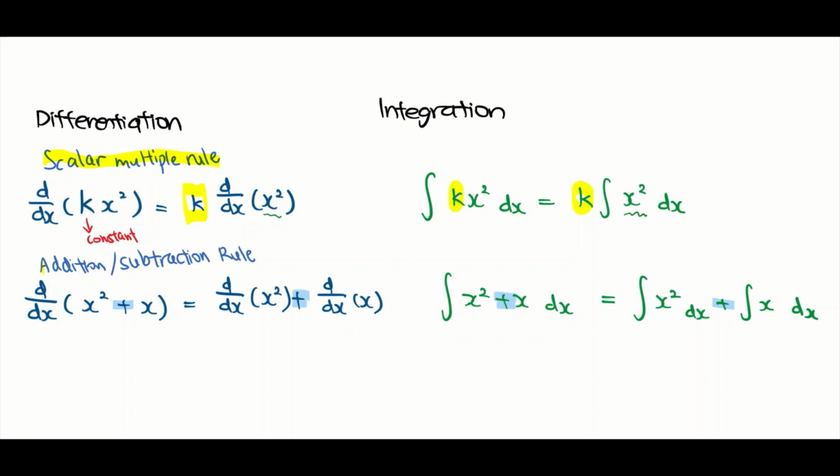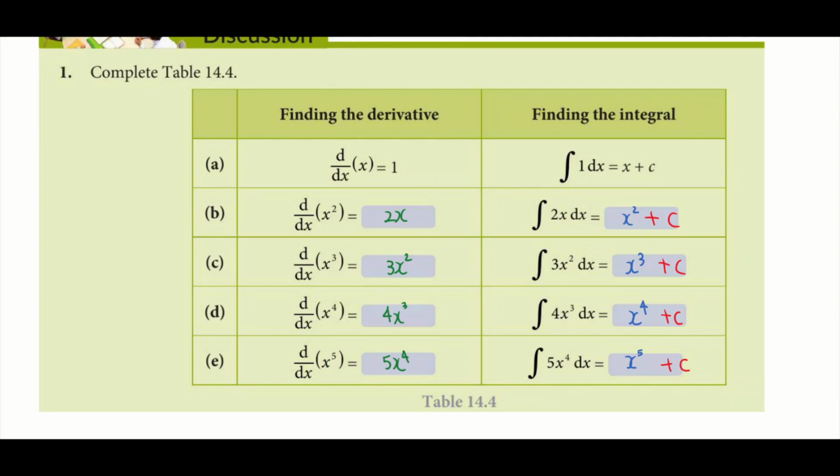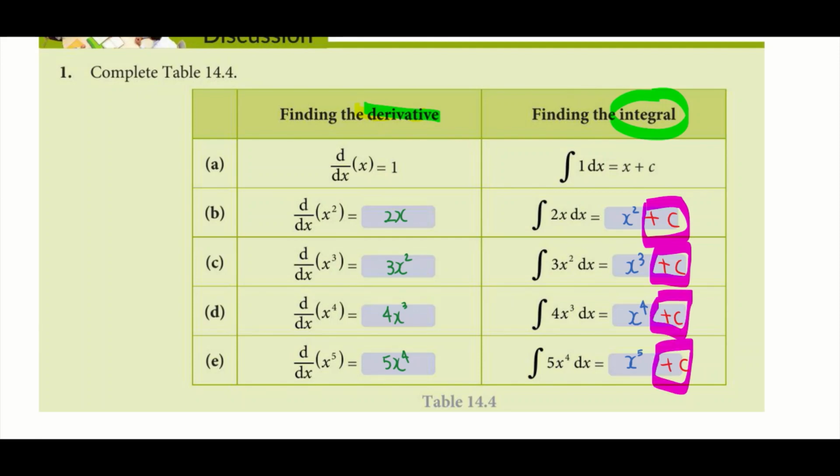Another rule that applies is the addition and subtraction rule, meaning I can differentiate each term separately, and I can also integrate each term separately. So these two rules apply. This is in your table. I hope you have tried your differentiation, then you move on to integration. And take note that you must always plus c, where the c stands for constant.